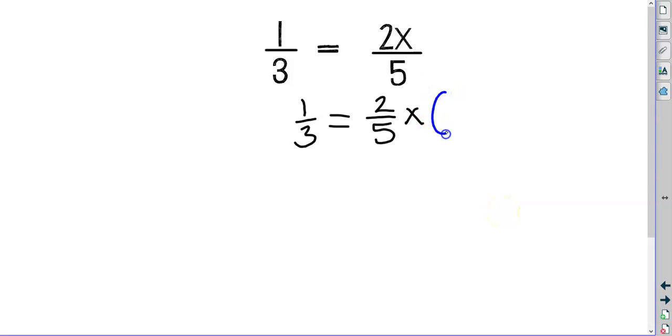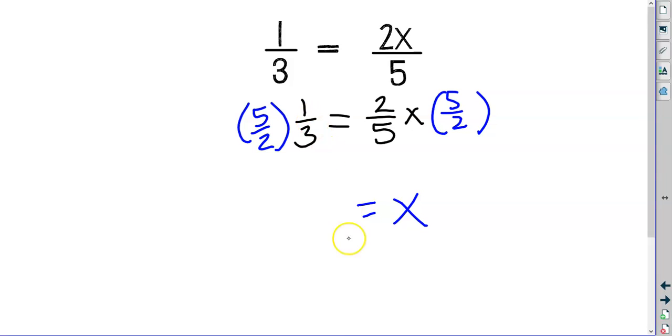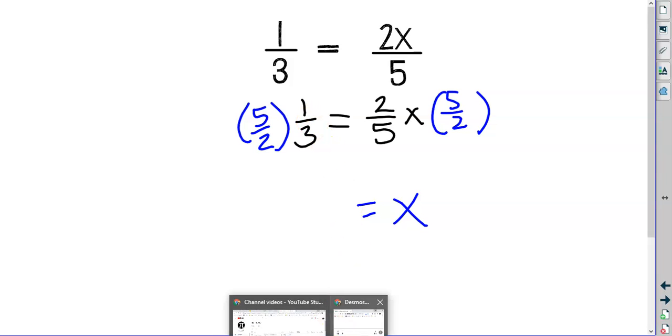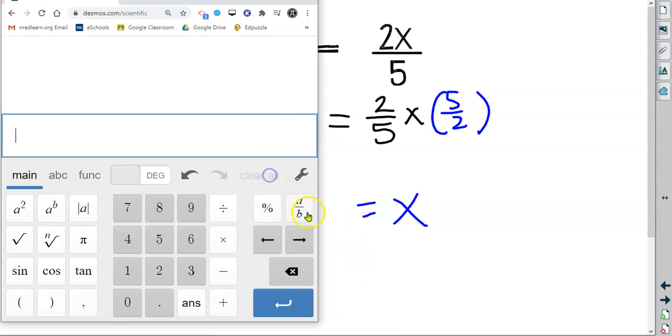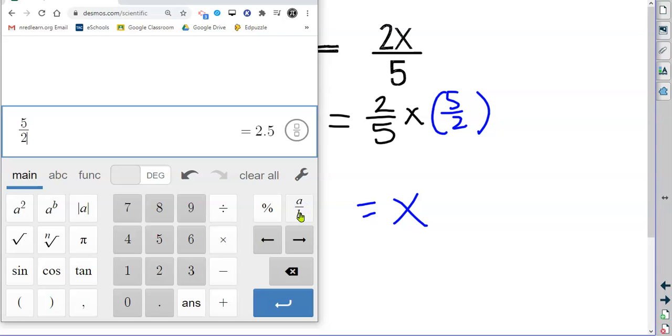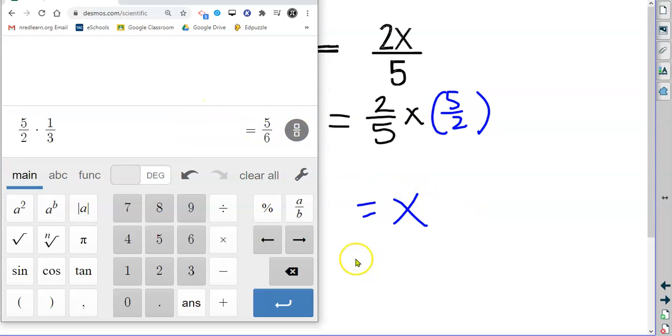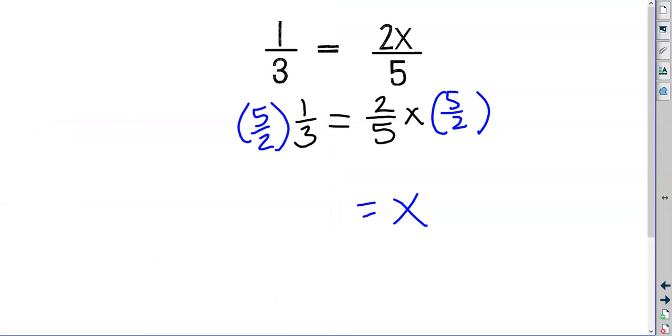We want to leave the x alone. We just want to get rid of the 2/5. So we flip it over and multiply by 5/2. Again, on your calculator, type 5/2 times 1/3. If you get a decimal answer, convert it back to fraction form. 5/6.